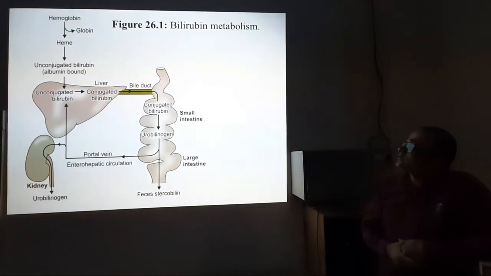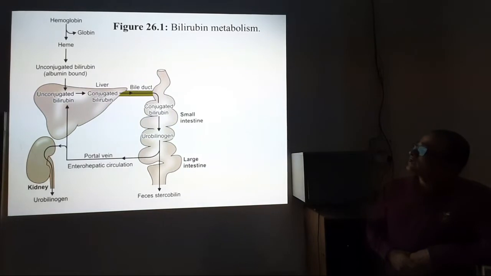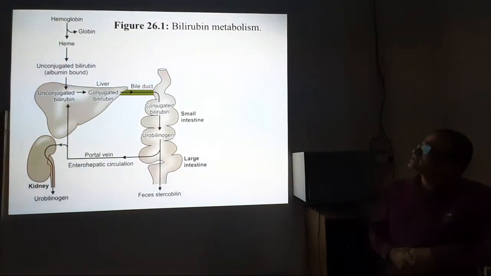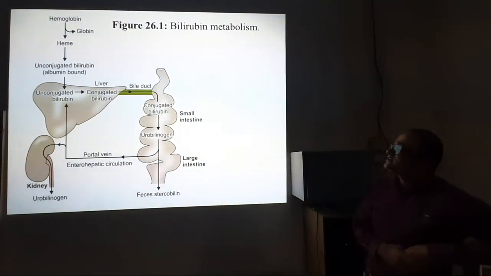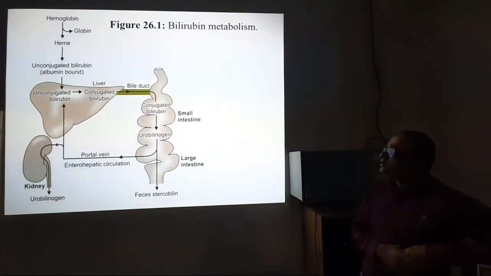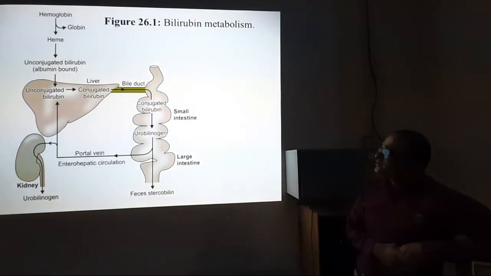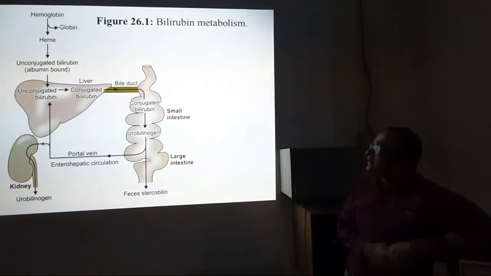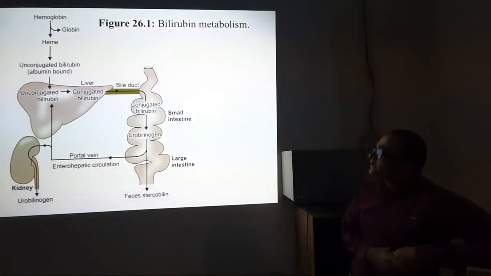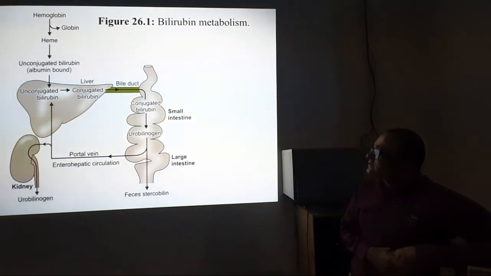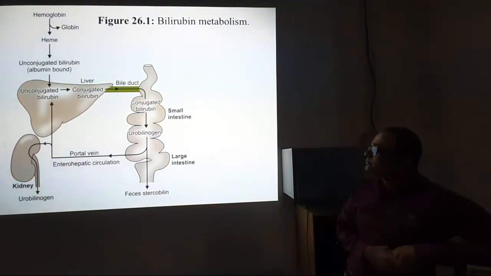In the figure you can see hemoglobin is broken down into heme and globin. Globin is the protein part, and heme is broken down into unconjugated bilirubin, which is carried to the liver. In the liver it is conjugated to form bilirubin diglucuronide. Through the bile duct it goes to the intestine, where this conjugated bilirubin is reduced by bacterial enzymes to urobilinogen.